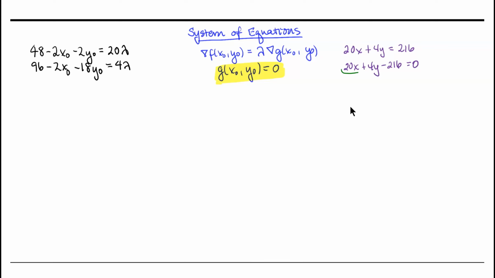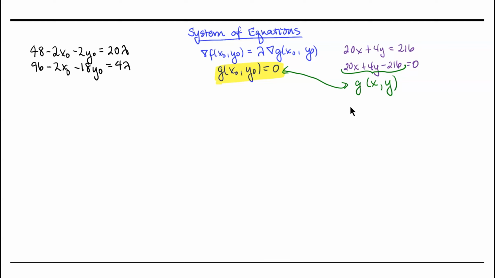And this expression on the left-hand side of the equal sign is what we end up using for our g of x and y in our system of equations. So instead of rewriting our constraint function with the right-hand side equal to 216, we need to have that right-hand side equal to 0.